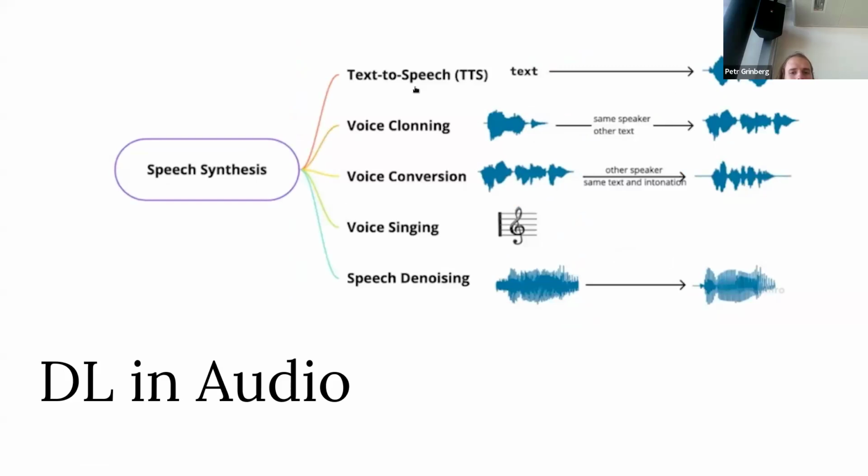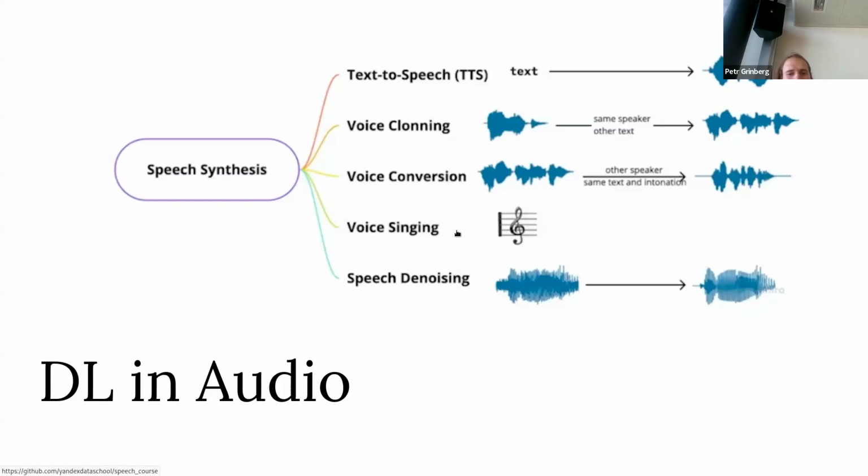In speech synthesis, as I said, there is text-to-speech. Voice cloning is when you get my voice, but try to make it sound like I said something else, so the same speaker, but other text. Voice conversion is another speaker, but the same text and intonation. So I say something, and then the model makes it sound like some president says the same thing.